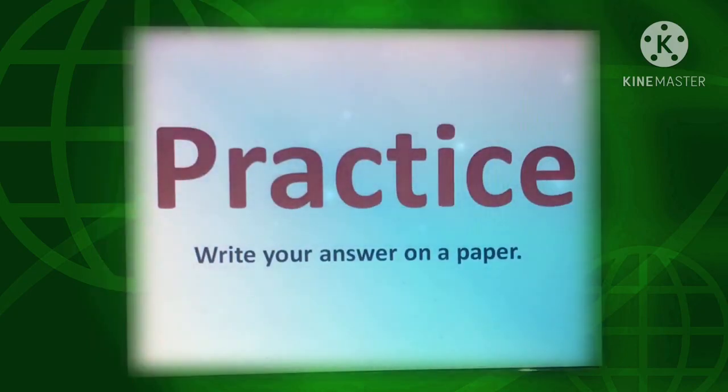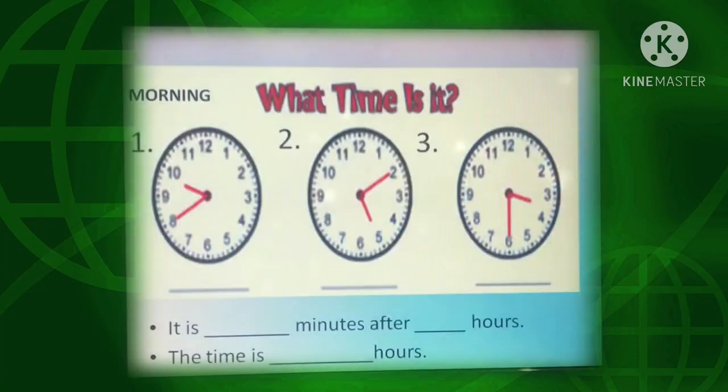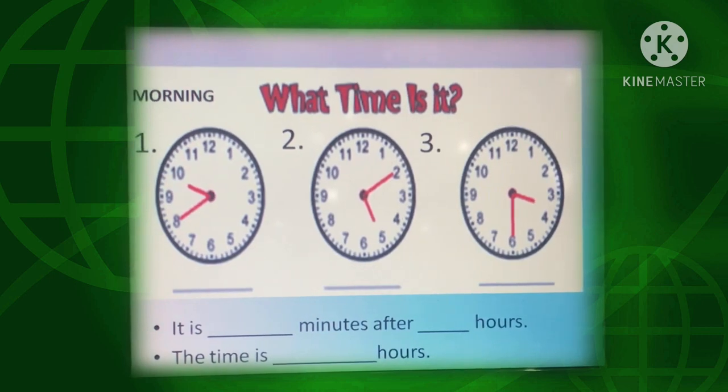Have a practice. Write your answer on a paper. So you must have your pencil, paper, and eraser with you. Let's start. It says here numbers 1, 2, and 3. It is morning. So what is the time?